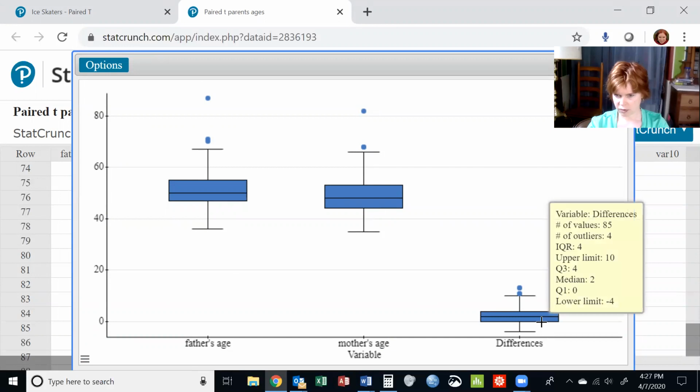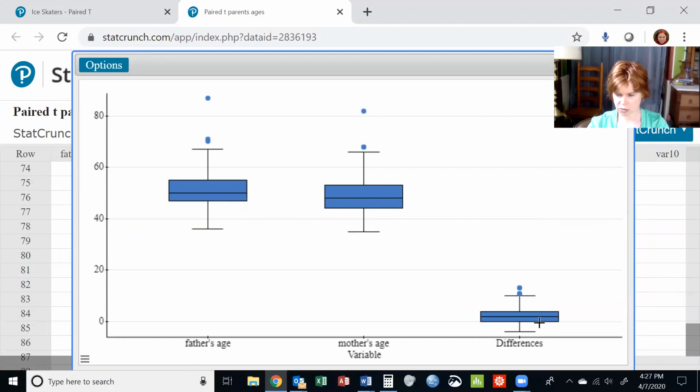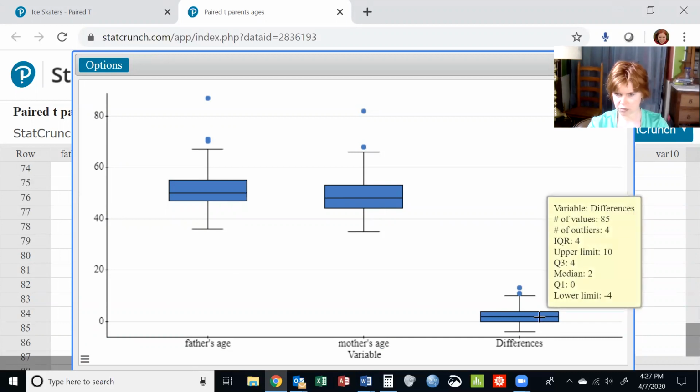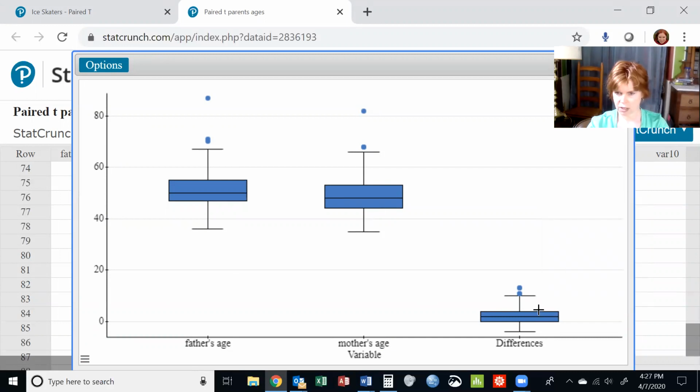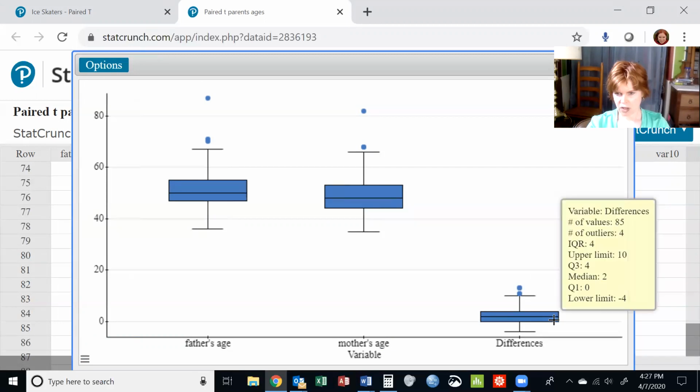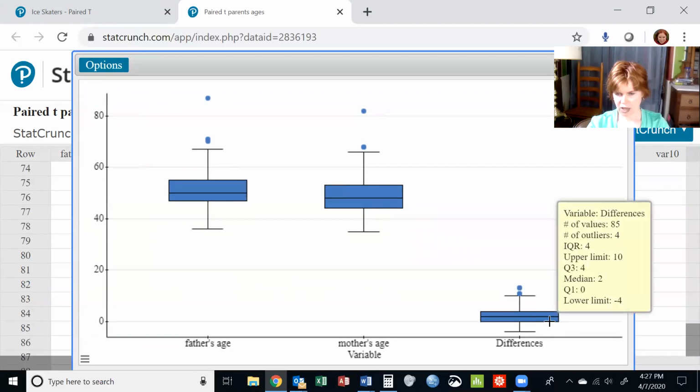It looks like 0 is the first quartile. In fact, it says so. So what that tells me is that there's 25% between the first quartile and the median, 25% between the median and the third quartile, and 25% between the third quartile and the maximum. So 75% of the parents have the father being older than the mother.